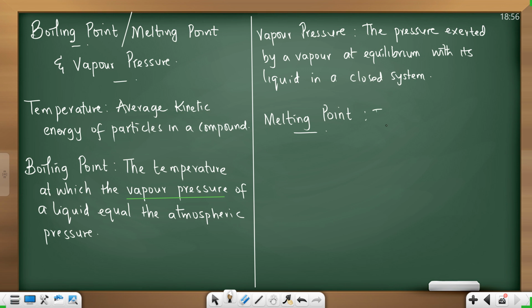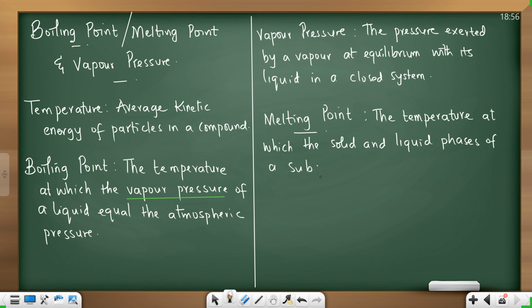It is the temperature at which the solid and the liquid phases of a substance are at equilibrium.